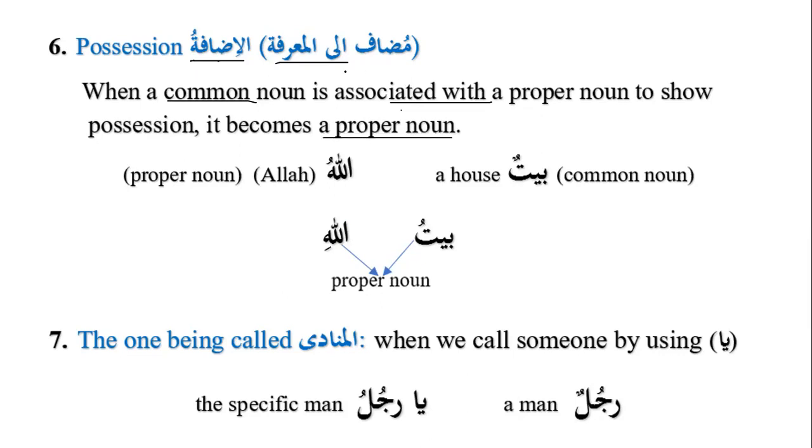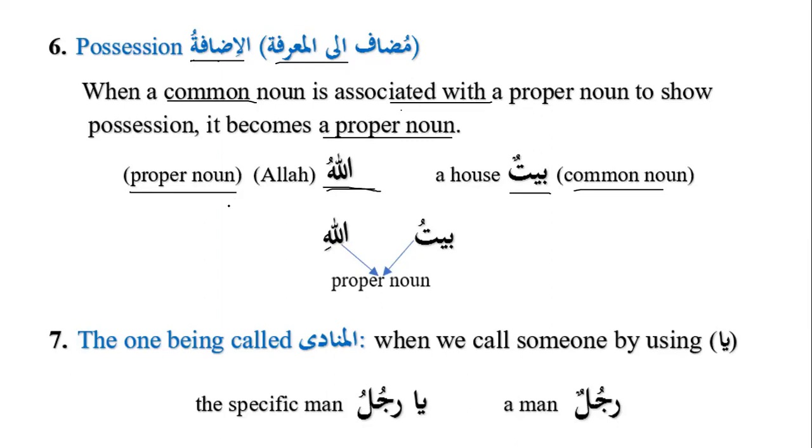We will see in the lesson that mudaf can be ila al-nakira as well. But when it is mudaf to a proper noun, then it also becomes a proper noun by itself. For example, baytun, a house, as we can see here, it's a common noun, indefinite. And lafd al-jalala, Allahu, as we can see here, is a proper noun.